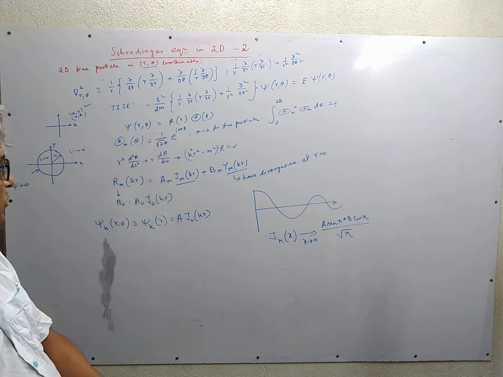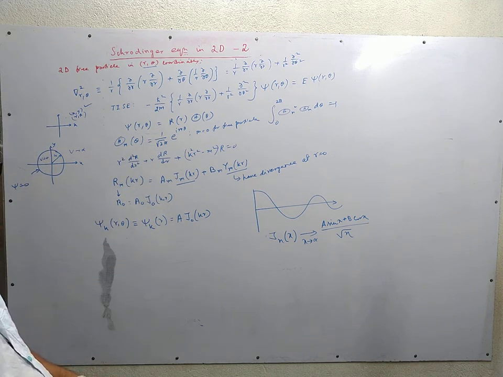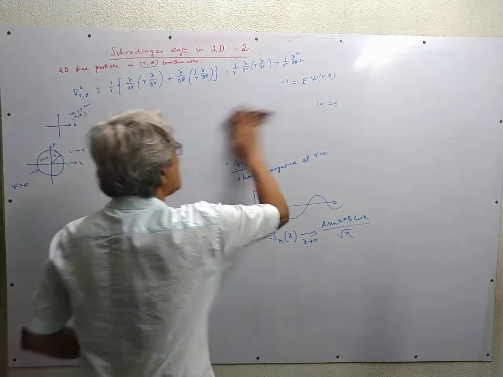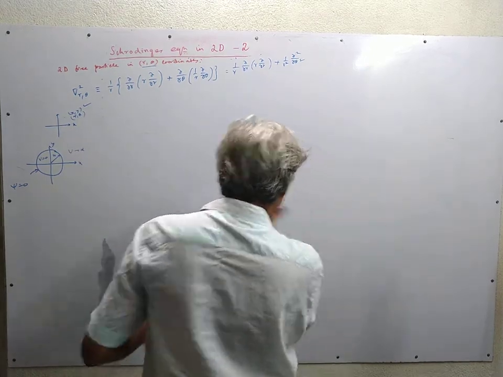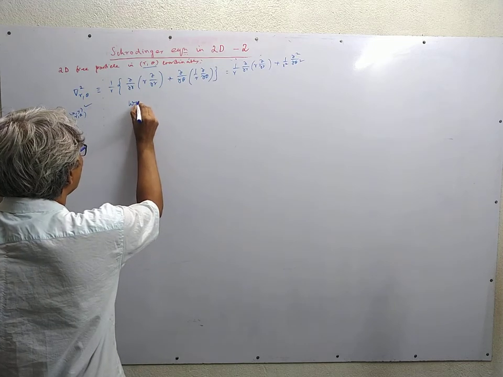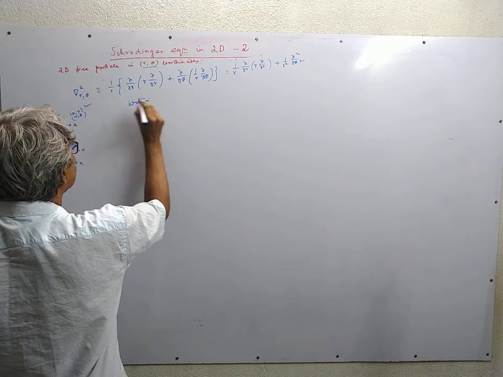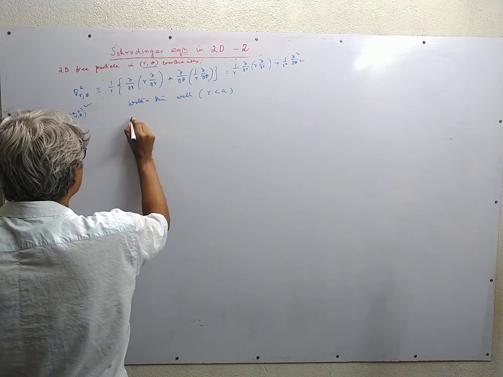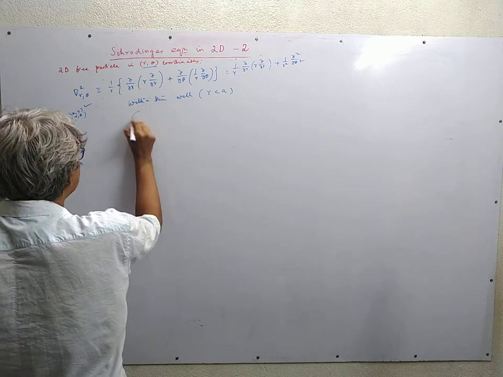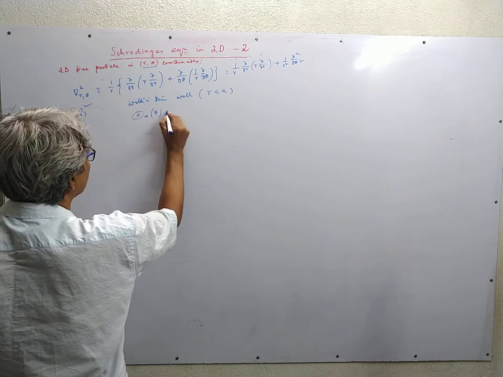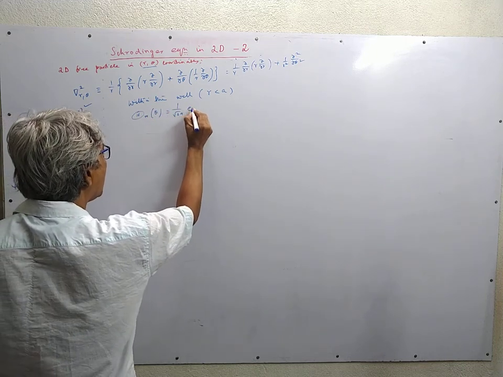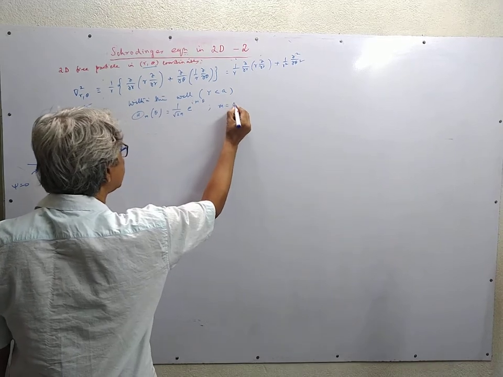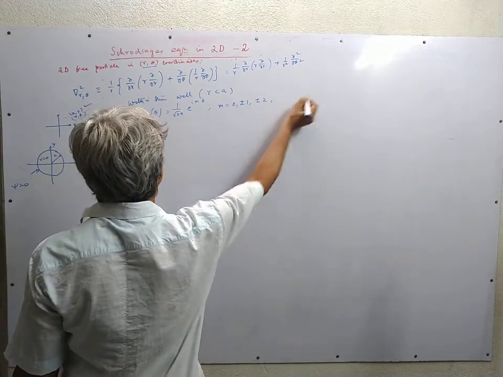Now if we carry out the procedure as we have done in the earlier case, we see that within the well, that is, within the well means r less than a, the phi wave function, the theta dependent wave function is e to the power i m theta, where m is equal to 0, plus minus 1, plus minus 2, and so on and so forth.